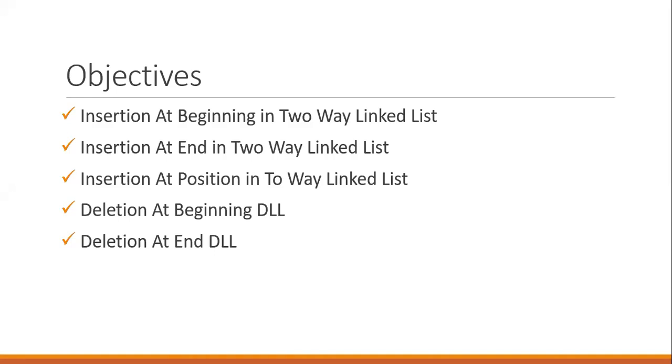Fine. So we know that whenever we want to insert, there are three possibilities: either the insertion can happen at the beginning, at the end, or at a particular position, and the same goes for deletion.